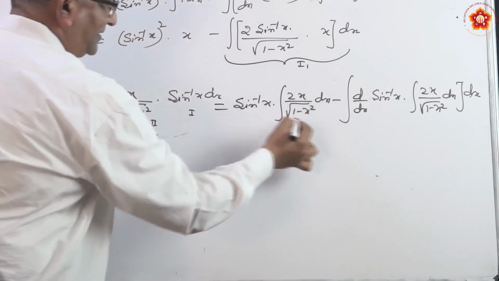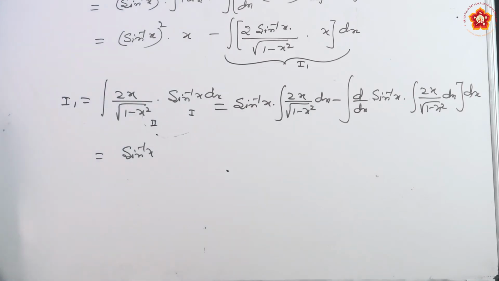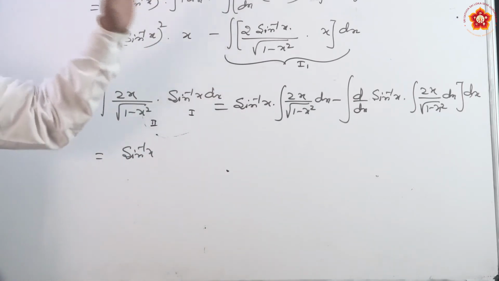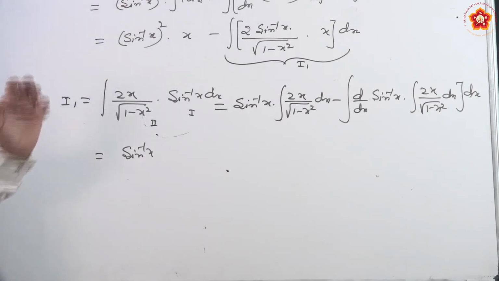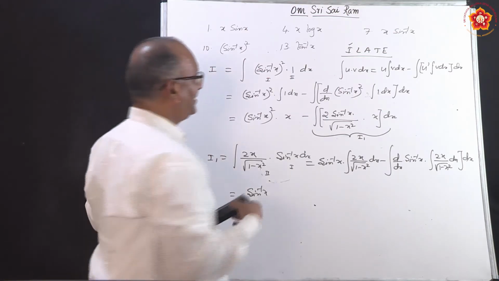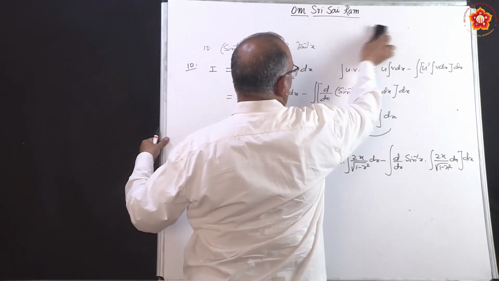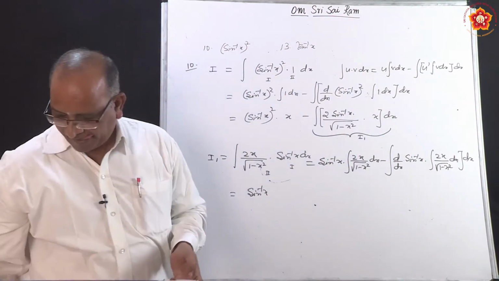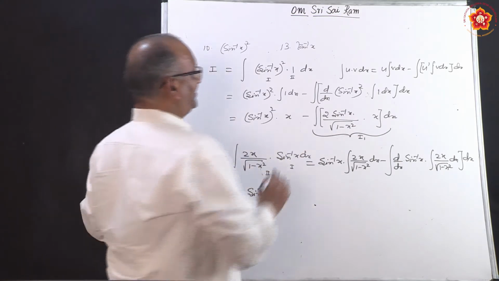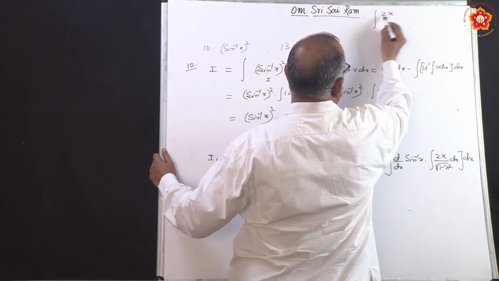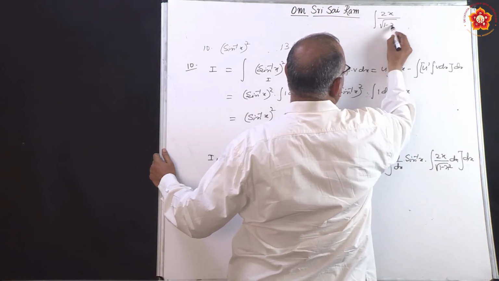How to integrate this? It's very simple. In fact, you can take that part alone, do it separately, and then substitute. We want to integrate 2x upon under root of 1 minus x square.